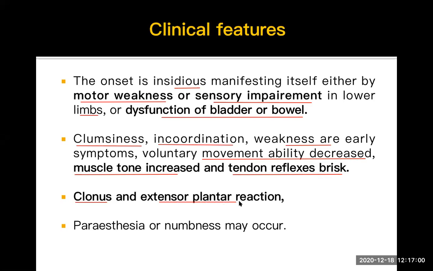This is called Babinski reaction or Babinski reflex, extensor plantar reaction. All of these are features of upper motor neuron problem. Paresthesia or numbness may also occur, or maybe there is a sensory level up to a damaged part of the spinal cord. So all of these features are present in spinal cord involvement because of tuberculosis of the spine.